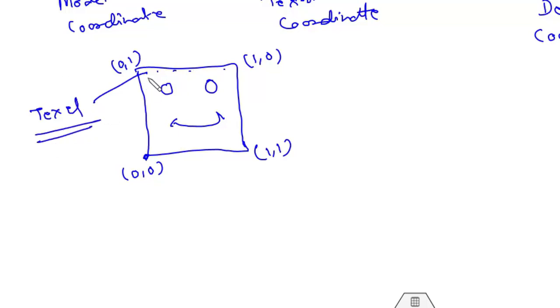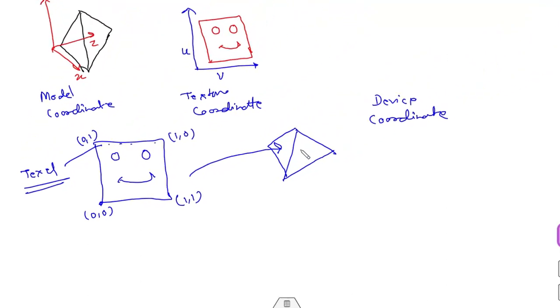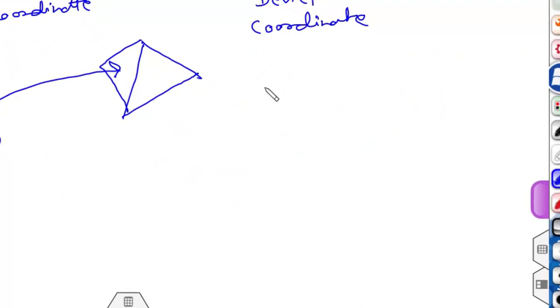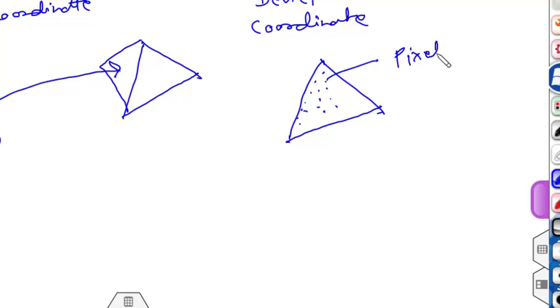Texture element. So an element of this texture is called a texel, and we have to assign this texel to the face of the 3D object. The face of the 3D object is created by various pixels, so basically we have to map these pixels with texels.